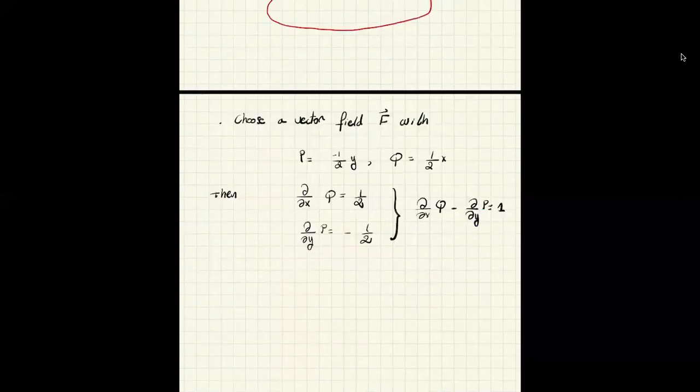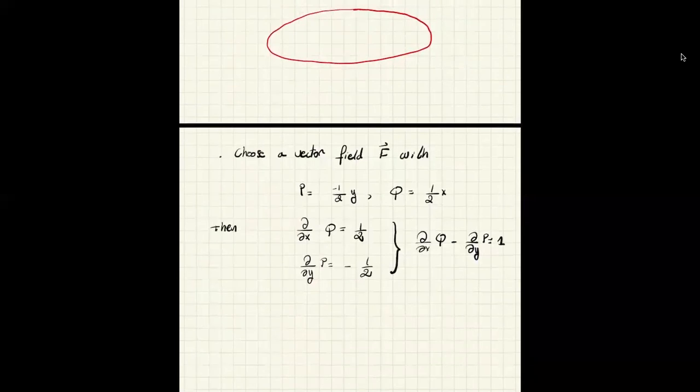Okay, so we'll choose a vector field that has this form. It's a vector field that is defined everywhere, and it has this very special property that its curl is equal to 1.